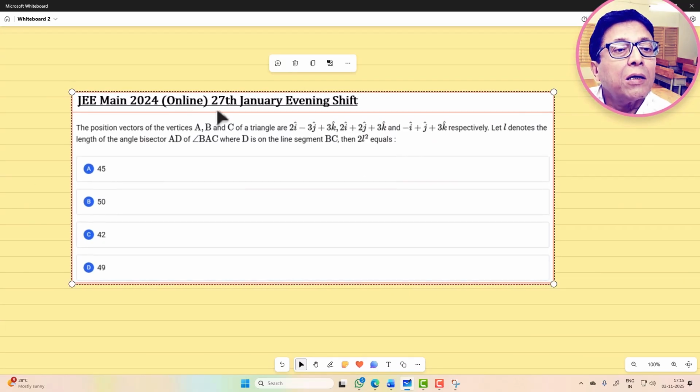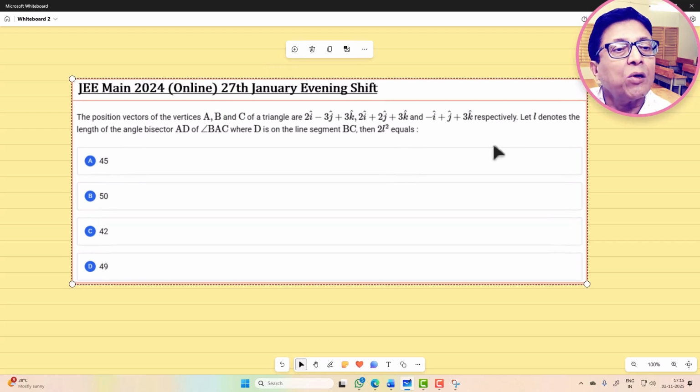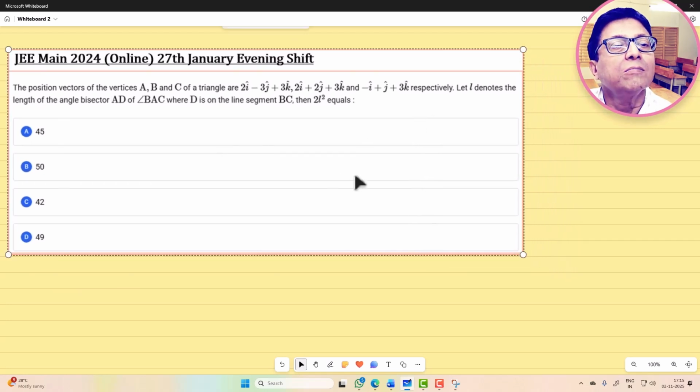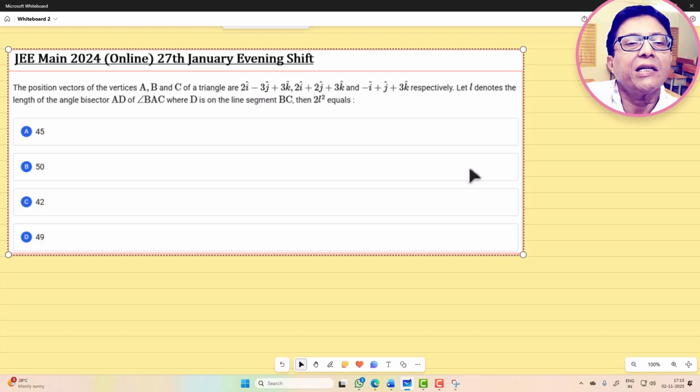This is a question from JEE Main 2024. Same concept, position vector. Triangle ABC is given. L denotes the length of the angle bisector AD of angle BAC.